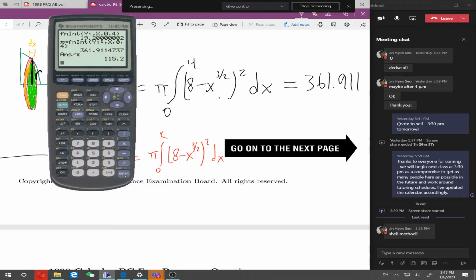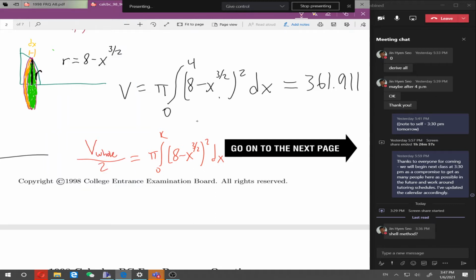Okay, so that's 115.2 times pi. So I've got 115.2 pi over 2 is equal to. Then I'll go ahead and square this. We'll integrate, plug in our upper bound as k, subtract our lower bound as 0, and then actually solve for k.